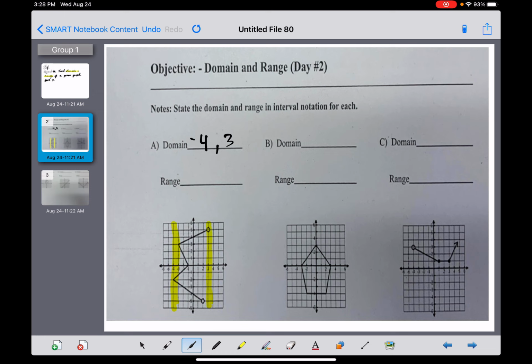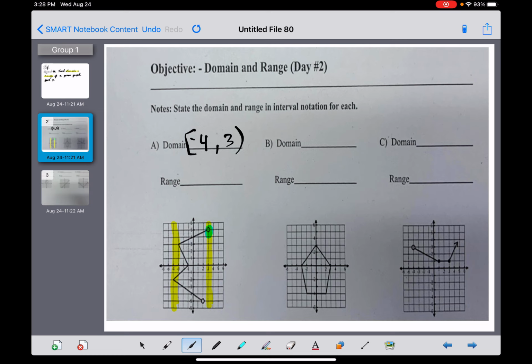At -4, you notice you don't see a dot, an open dot or closed dot. We assume it is a closed dot. If it's a closed dot, it's a bracket, okay? And at 3, you see right here, it's an open dot, so that's going to be parentheses, okay?